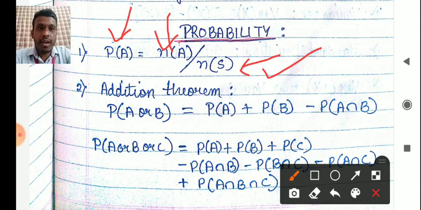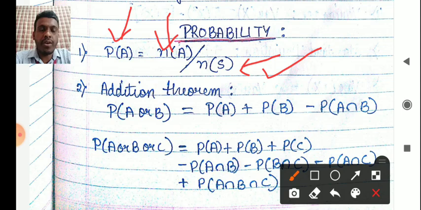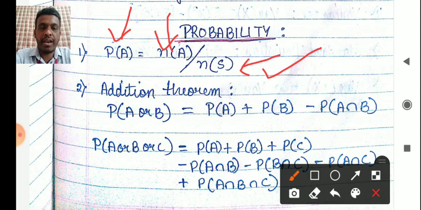Number of possible outcomes of event A, okay, divided by n of S, number of items in the sample space. So probability of A is equal to number of outcomes of event A possible, divided by total number of possible outcomes, that is n of S. It is also equal to the number of items in the sample space.